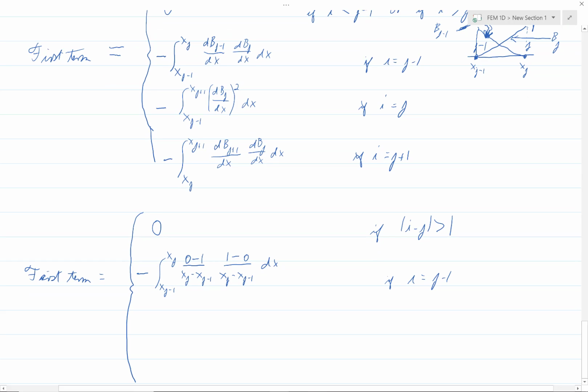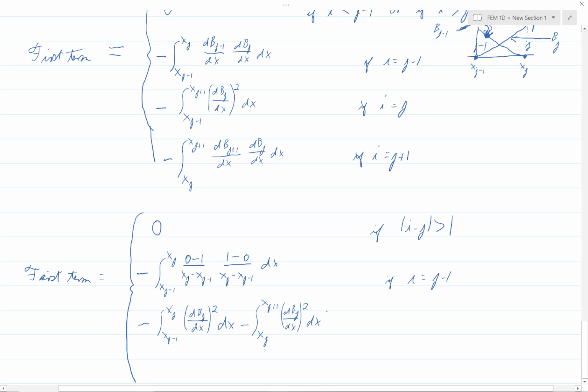Now, the same kind of thing will happen on the next integral, but I'm going to break it up into two parts. So I'm going to write the next integral as minus the integral from x_{j-1} to x_j of (db_j/dx)² dx minus the integral from x_j to x_{j+1} of (db_j/dx)² dx.